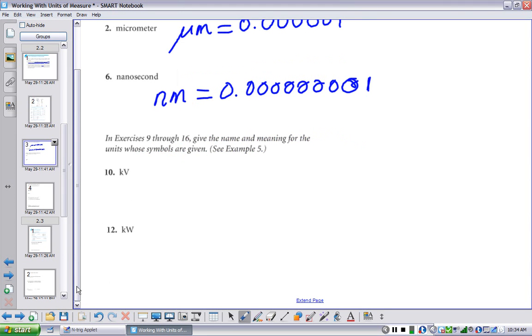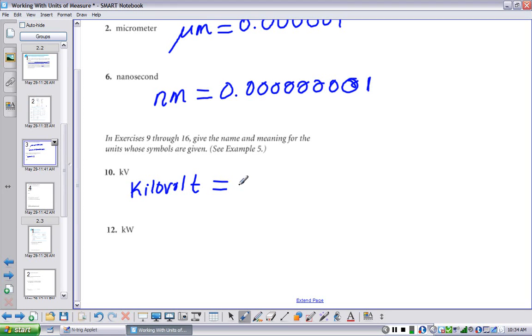Now, the following exercises say give the name and meaning for the units whose symbols are given. Well, here we have a lowercase k. A lowercase k means kilo, and V means volt. So this is a kilovolt. Kilo means 1,000. And we're on the other side when we are not under 1, not a decimal.